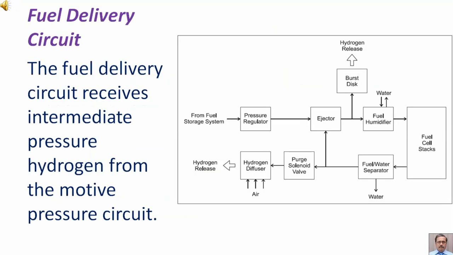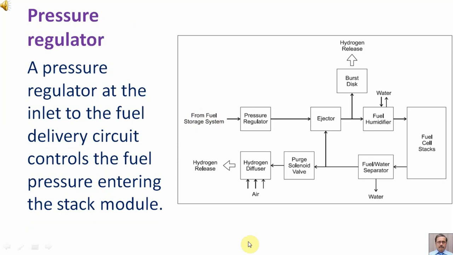Fuel delivery circuit. The fuel delivery circuit receives intermediate pressure hydrogen from the motive pressure circuit. Pressure regulator.